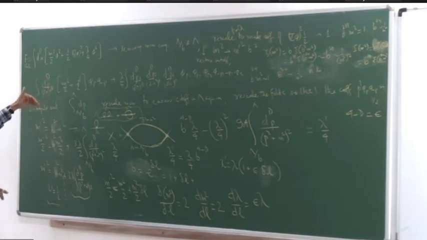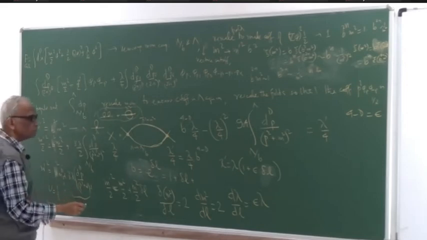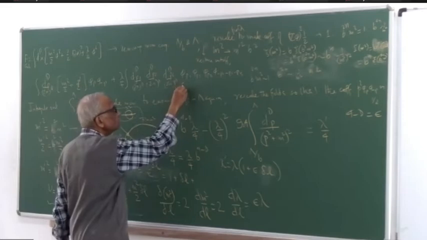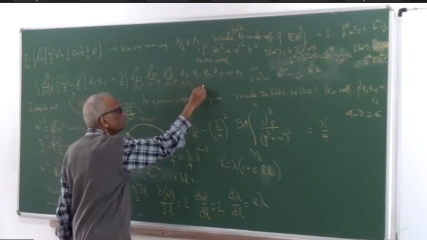Relevant variables are those which have to be fixed at 0 in order that you go to the critical point. By having h equal to 0, h is one of the relevant fields. The other is the temperature. The critical point is achieved for T equal to Tc and h equal to 0.